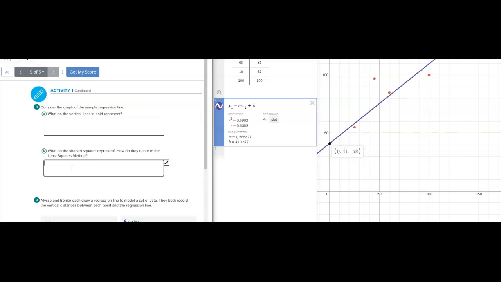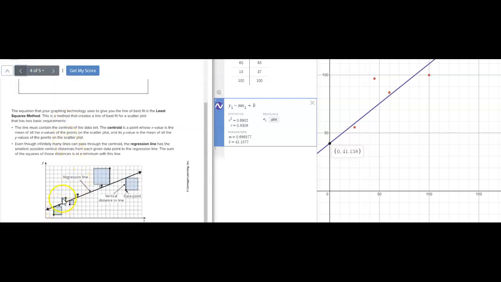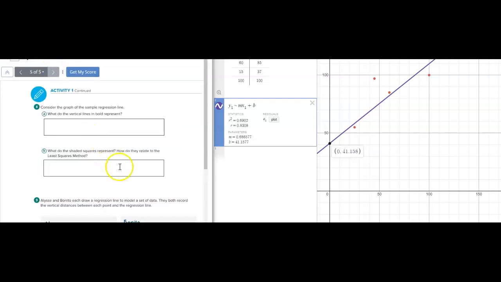And the line of best fit, the absolute best regression line, is going to have the smallest amount of shading. So if you compared two lines, the one with the least number of shaded squares would be the best fit. So you'll write about that here.